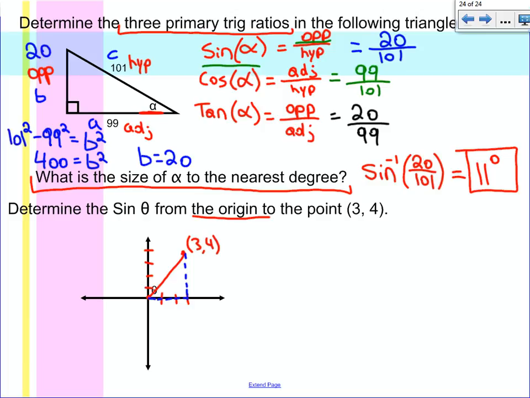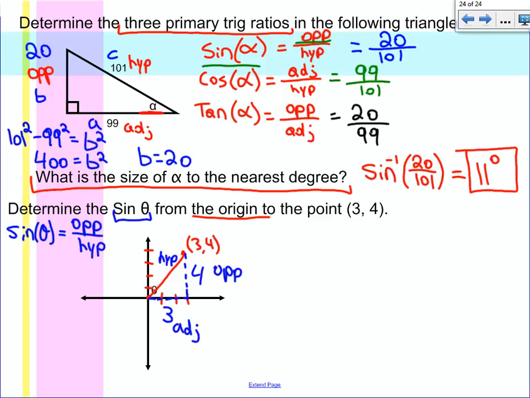If we want to determine sine of theta, that equals opposite over hypotenuse. And in our triangle that we've set up, we have opposite, we have adjacent, but we don't have hypotenuse. That means we need to figure out what our hypotenuse is first before we can actually figure out what the sine of theta is.